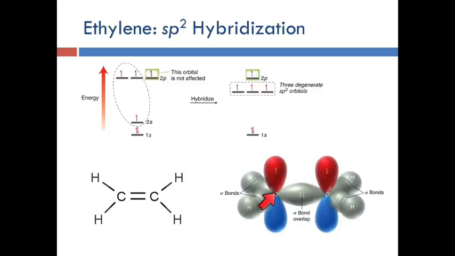And this matches up with our observations of the geometry of ethylene. So we've got 3 equivalent degenerate orbitals arranged in a trigonal planar fashion. We have one unhybridized p orbital. This will overlap with the unhybridized p orbital on the other carbon, forming our double bond.